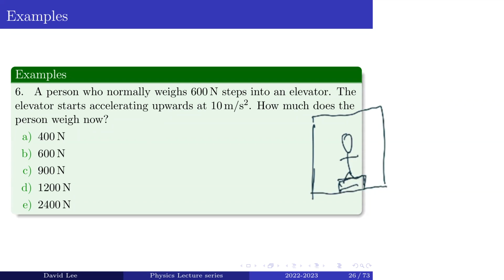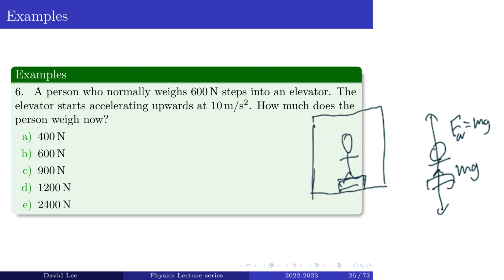The bathroom scale, what it really does is measure how much normal force it applies to this person. Normally, if the person's not in the elevator, he's just standing on the bathroom scale, there's going to be his weight downwards and his normal force upwards, but the normal force will be equal to his weight because he's at rest. So the net force has to be equal to 0.